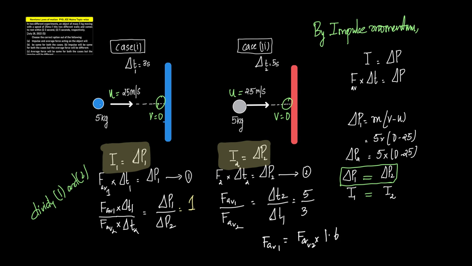Therefore, the average force in the first case is 1.6 times the average force in the second case, so force average 1 is greater than force average 2. So the conclusion is that impulse in the first case is equal to impulse in the second case, whereas force in the first case is greater than force in the second case.